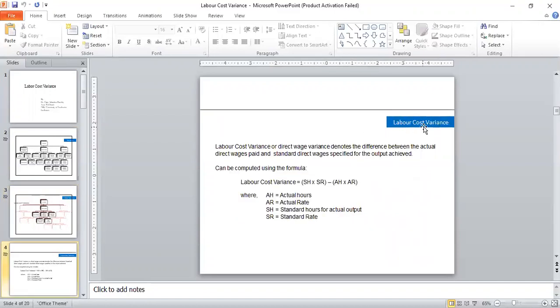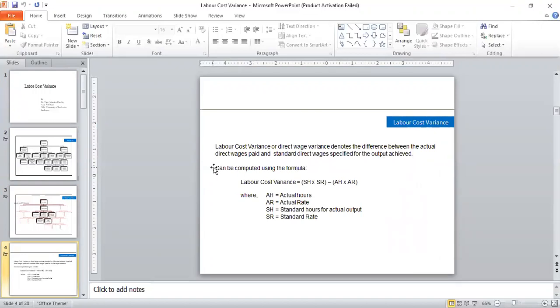Labor cost variance, or direct wages variance, denotes the difference between the actual direct wages paid and the standard direct wages specified for the output achieved.